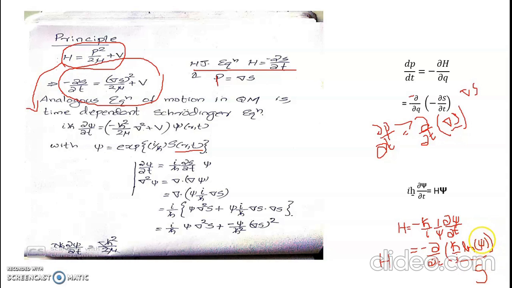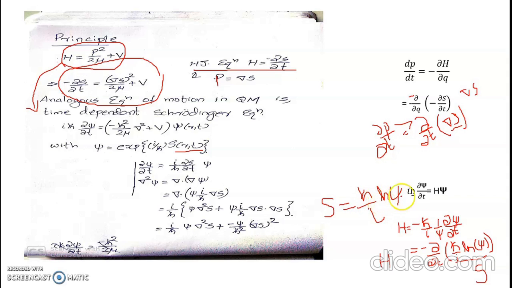As it is dependent on ψ, the wave function, which is a mathematical function of position and time, S also needs to be a mathematical function of position and time. So that we can write S equal to ħ/i natural log ψ.